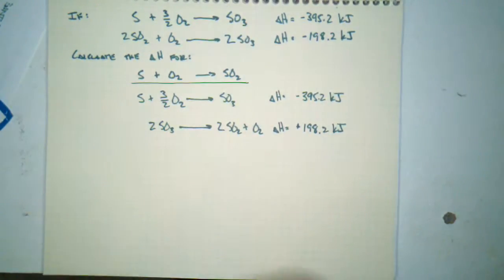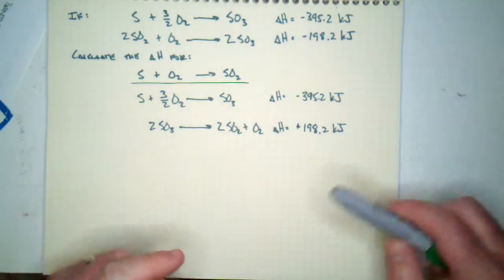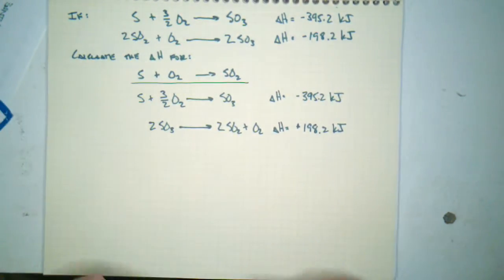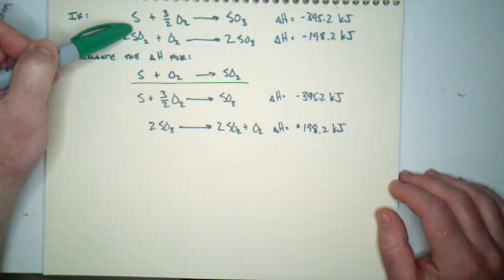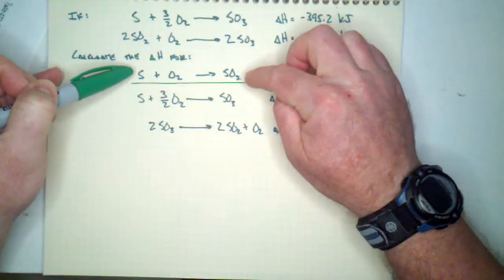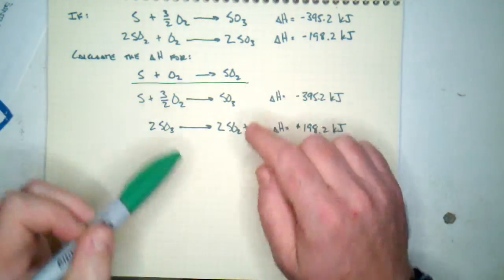Sulfur plus O2 yields sulfur dioxide. Now, I have to use the information I was given in order to solve this problem. What we're trying to do is find a way to add these two together, and their energies, to give us this chemical reaction.